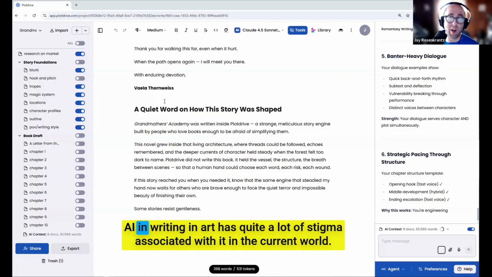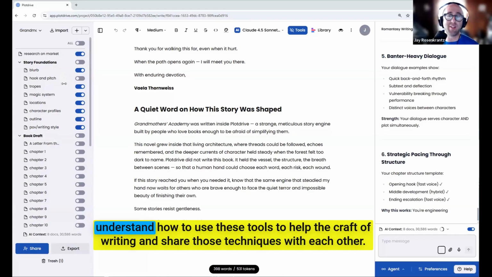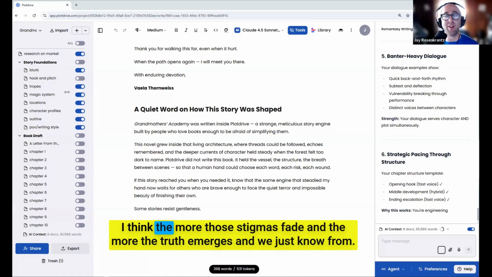AI in writing, in art, has quite a lot of stigma associated with it in the current world, but the more writers come in and lead the way, the more editors come in and lead the way and understand how to use these tools to help the craft of writing and share those techniques with each other, I think the more those stigmas fade and the more the truth emerges.